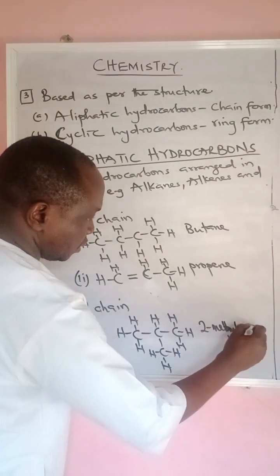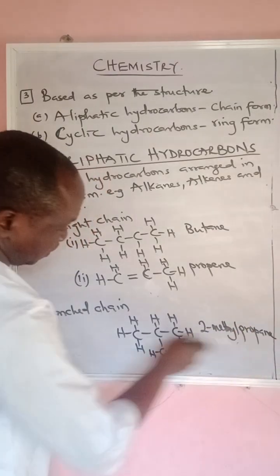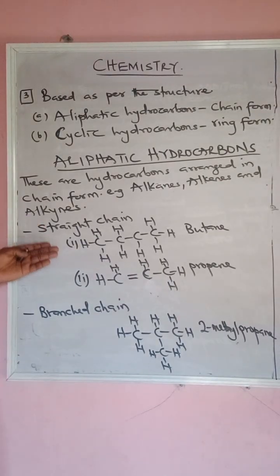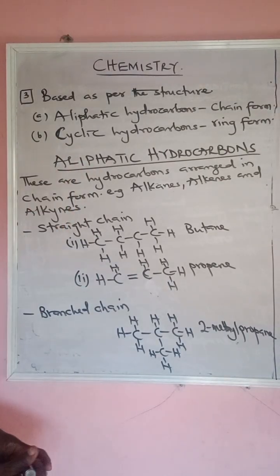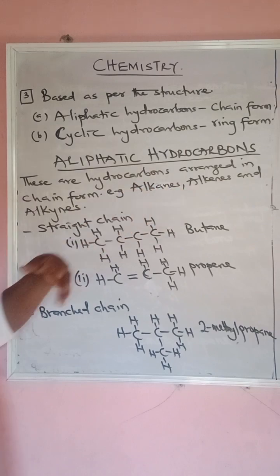This is 2-methylpropane. You can see this is a branch. So it's either straight chain or branched chain. They fall under aliphatic hydrocarbons, and the examples are alkanes, alkenes and alkynes.